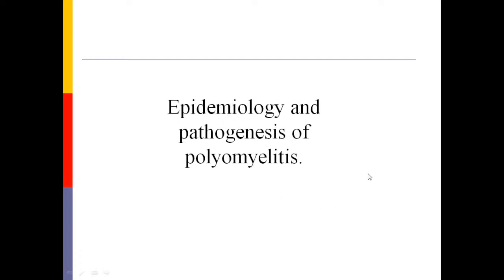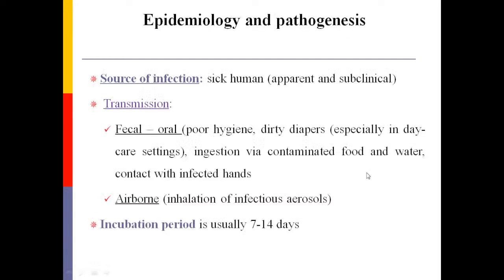Epidemiology and pathogenesis of poliomyelitis. The first one, what is the caused disease? I have said about it several times. It is polio. The disease is called polio or poliomyelitis. You may call it by both names. The source of infection is a sick human.